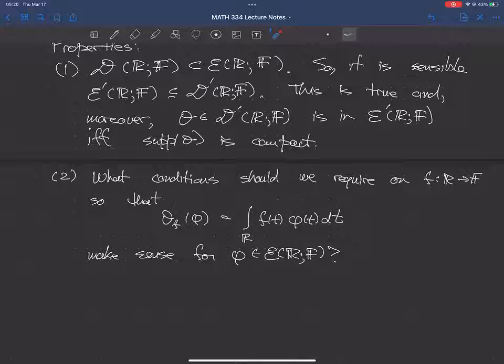So this places super strong conditions on f in order to ensure that this integral exists for any infinitely differentiable function phi. You can convince yourself relatively easily that this requires that f itself have compact support, and that on its support it be integrable. You can see that easily enough, and you can prove it as well.